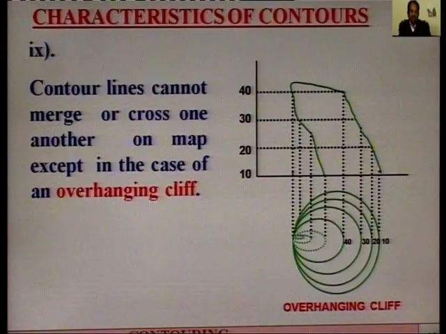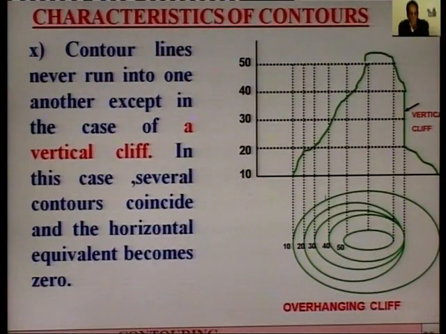This is called an overhanging cliff, and in such a case, if we draw the contour lines of such a hill after surveying, they will merge or cross, as is being shown on your monitor screen.